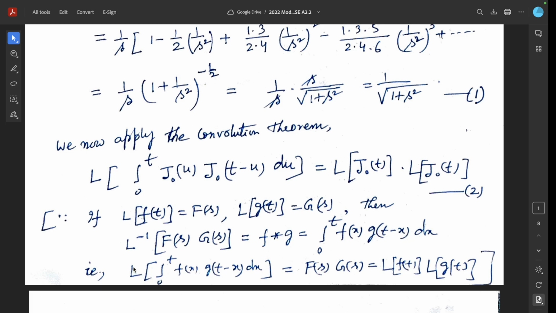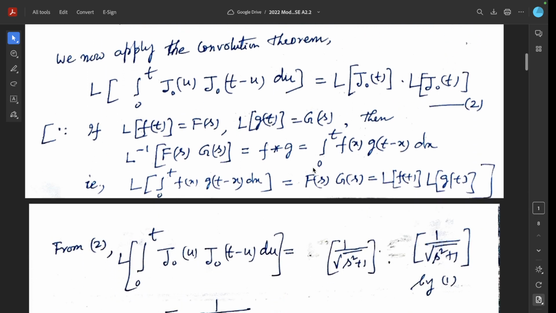Hence L of the integral from 0 to t of f(x) g(t minus x) dx equals F(s) and G(s), that is, the Laplace transform of f(t) and the Laplace transform of g(t). So we can write this expression 2.